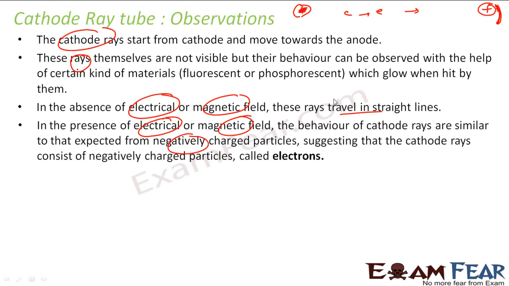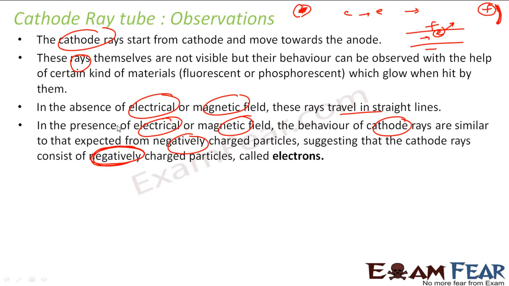If he applied some electric field like this, and the electron was moving here, he saw that the electron started moving in this direction. So by applying electric and magnetic fields, he saw a change in the behavior of the rays, and that change was telling loud and clear that this ray is negatively charged.